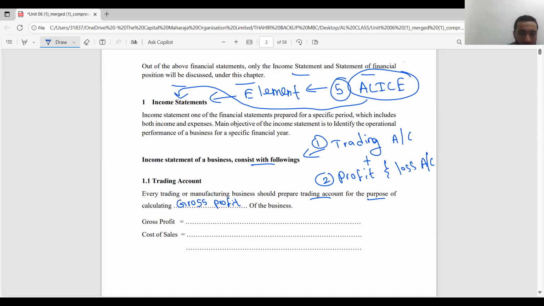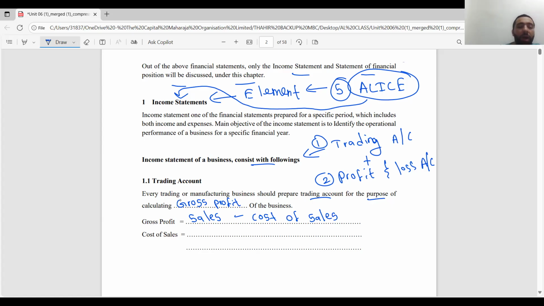It's the profit, but not the net profit. It has to be the gross profit. Right? Okay. How to calculate the gross profit? The formula, write it down. Sales minus cost of sales. Right?